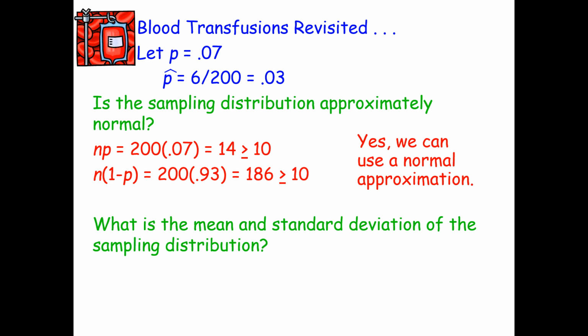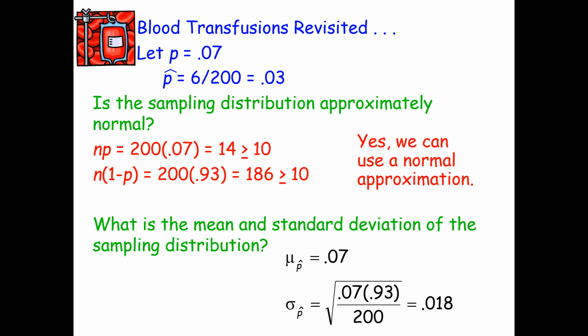So we want to know, what is the mean and standard deviation of the sampling distribution? The mean of our p hat equals 0.07, and the standard deviation of our p hat is going to be 0.018.